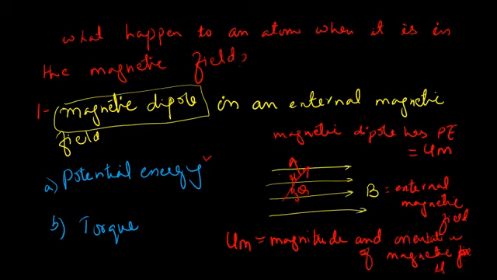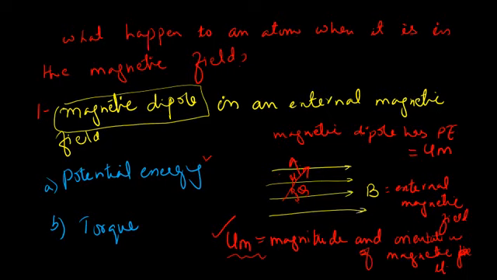An atom which acts as a magnetic dipole, when placed in an external magnetic field, has its magnetic moment mu try to orient itself in the direction of the magnetic field by making an angle theta with the field. The potential energy depends on the magnitude of the magnetic moment and its orientation, that is, how the magnetic moment turns in the presence of the magnetic field.